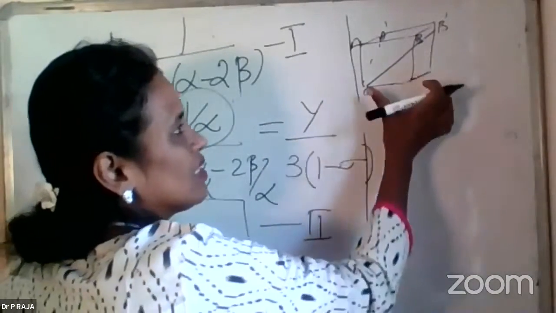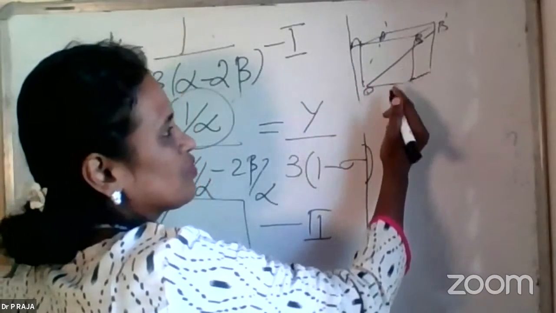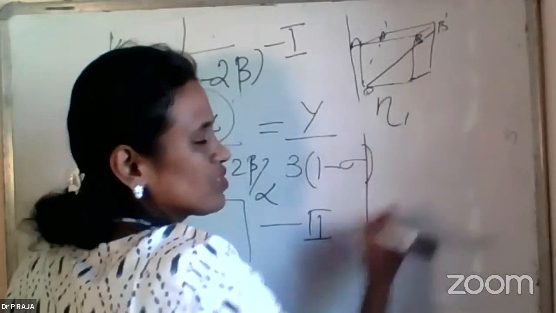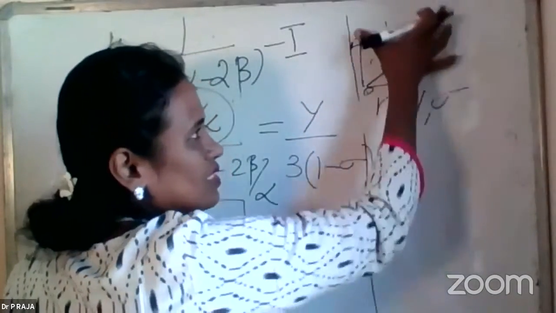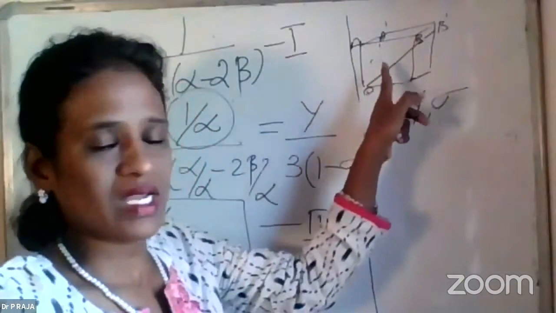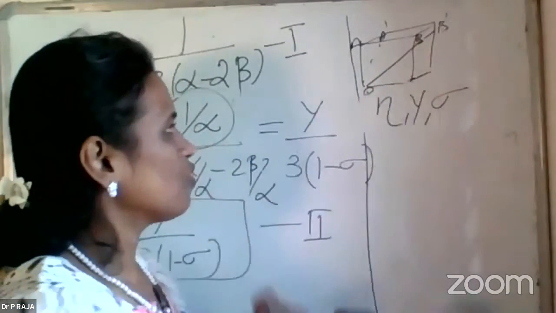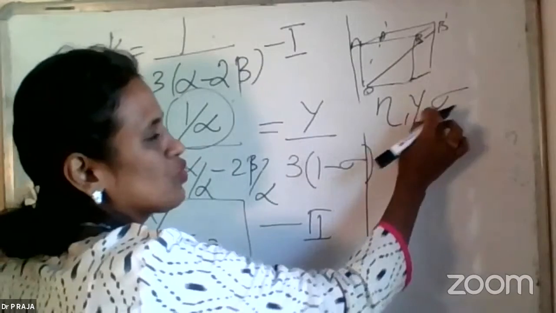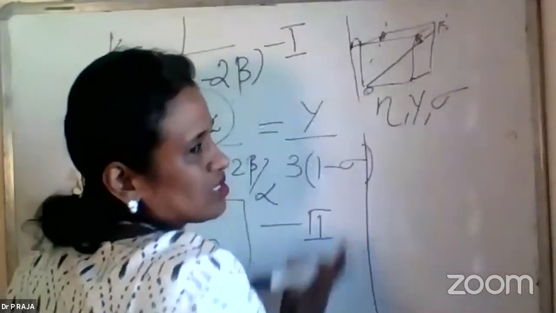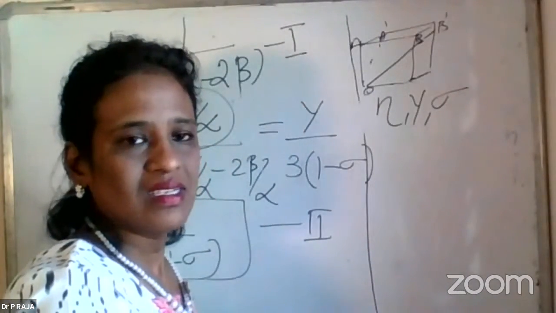This is a relation for the modulus of rigidity, the Young's modulus and sigma. Please go back and look into that video, where we got a relation connecting the modulus of rigidity, Young's modulus and sigma when a body was sheared by an angle theta.